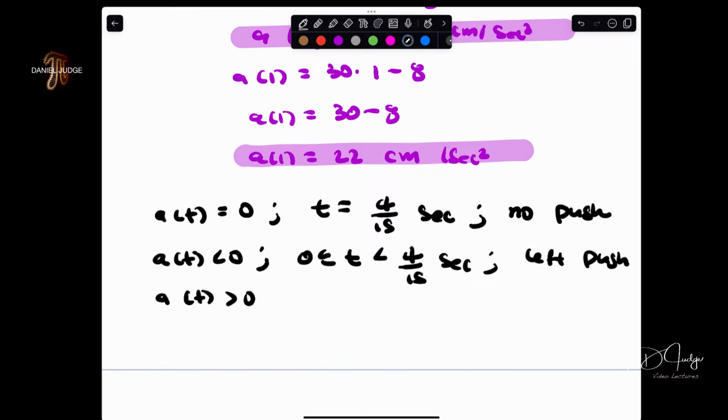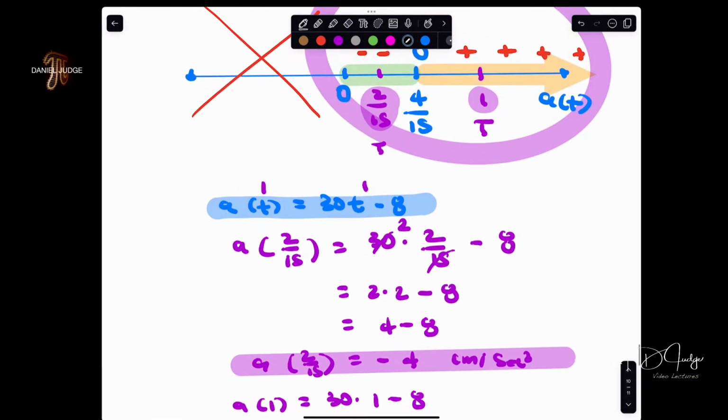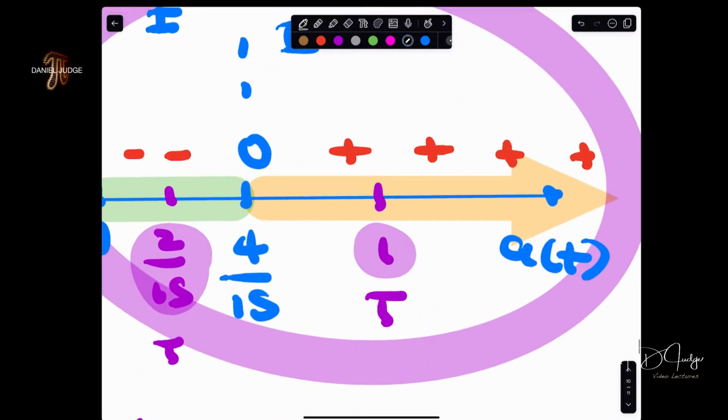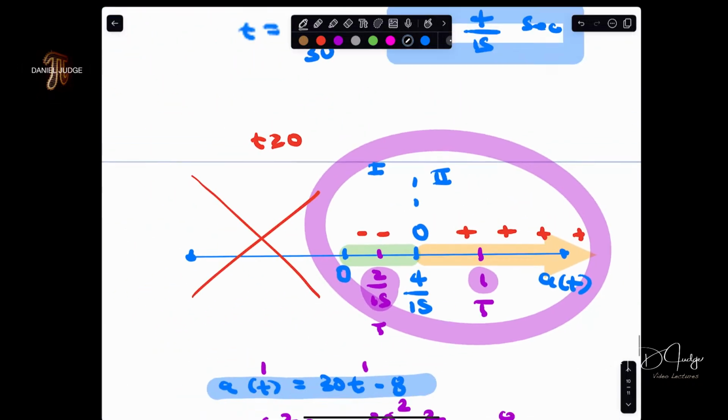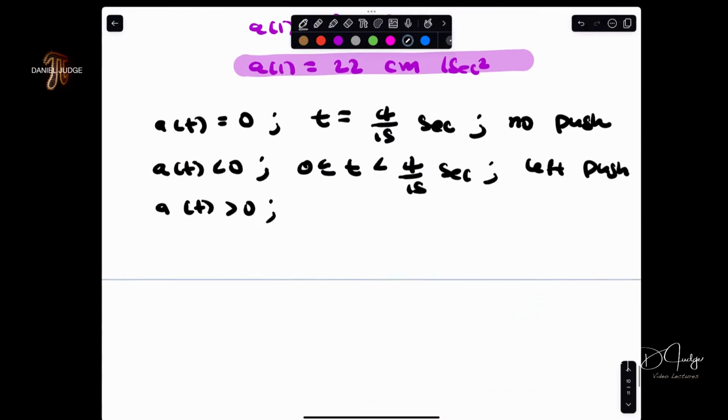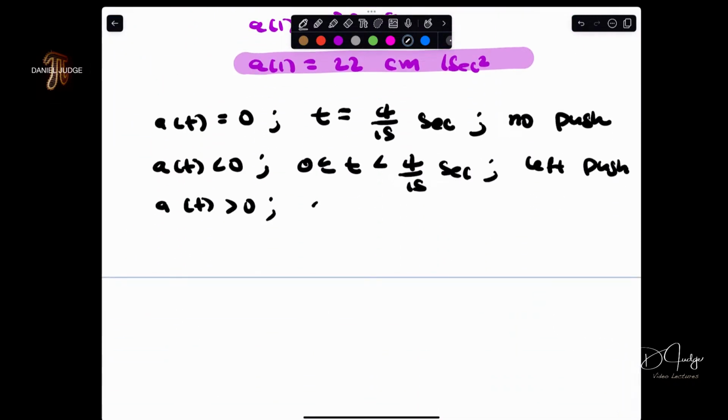Acceleration is strictly positive in the positive region. So that's from 4 over 15 to infinity. And so we can say t greater than 4 over 15 seconds. And then we have a right push or pull. I'm out of space there.